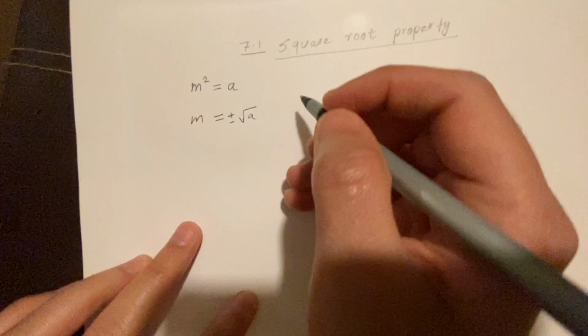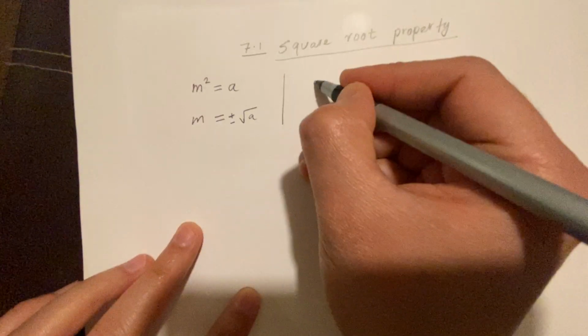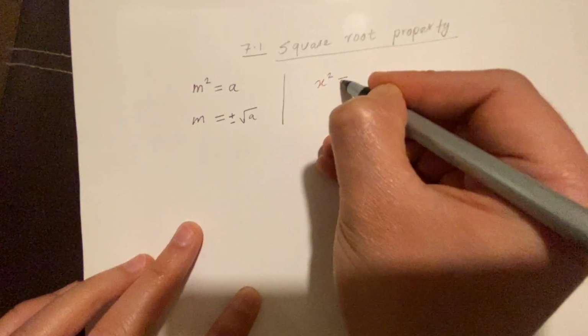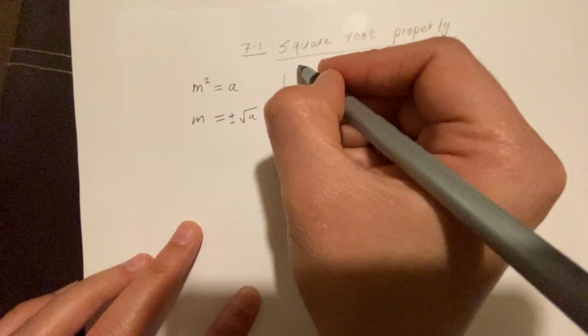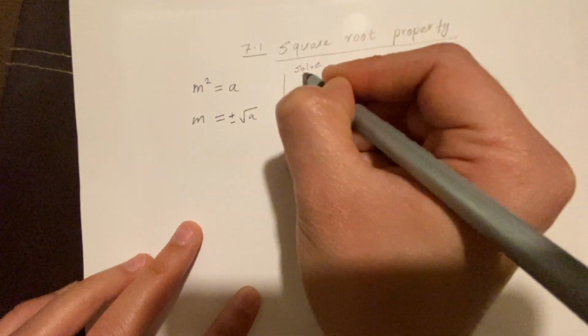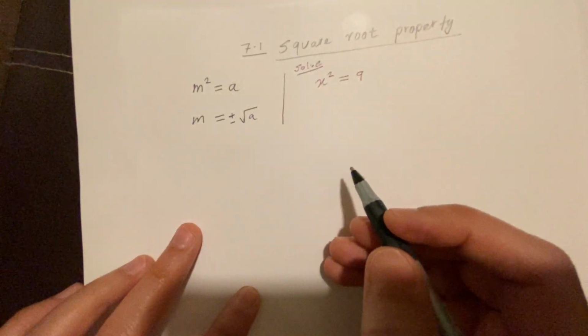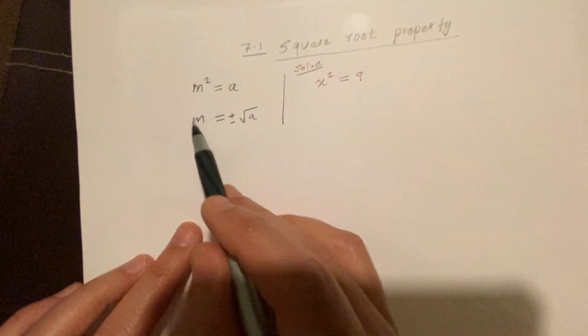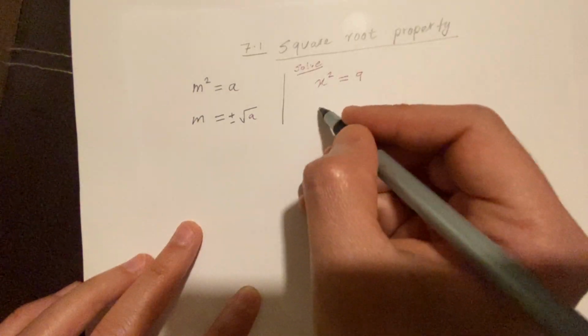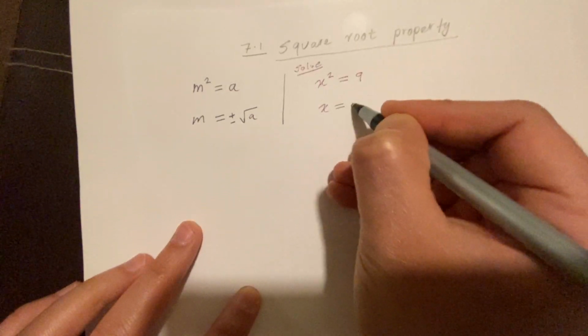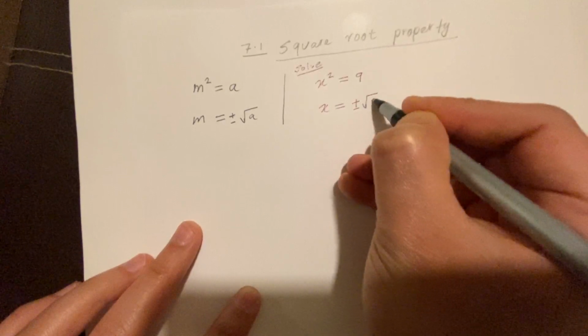All right, so that means, let's say we are trying to solve x squared equals 9. So we're trying to solve for x. Just like this one, this is the square root property. So x is going to be plus minus square root of 9, right?